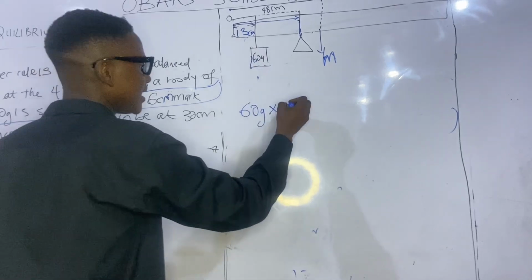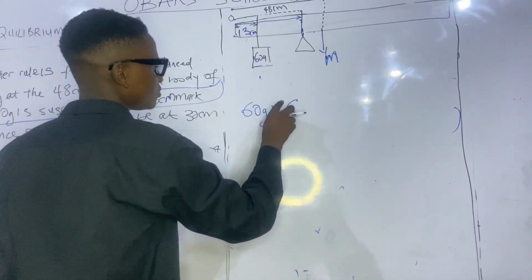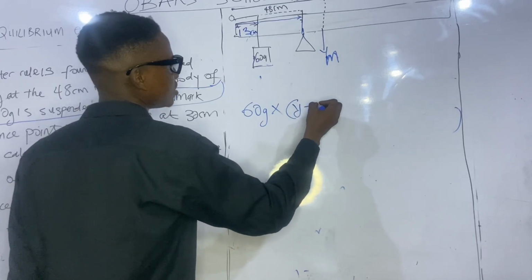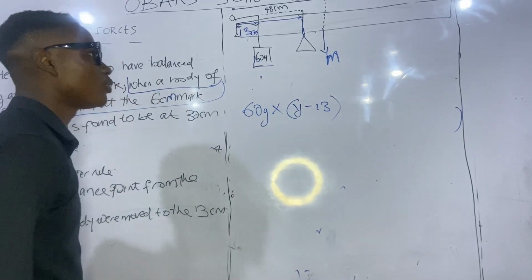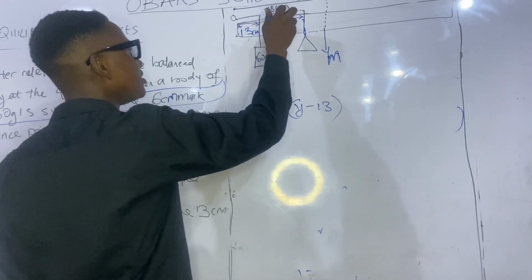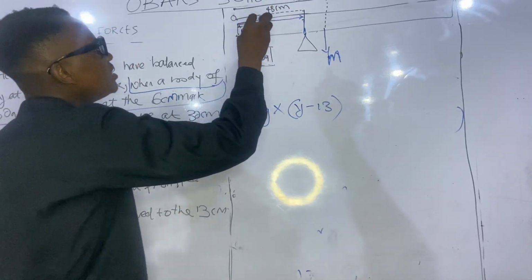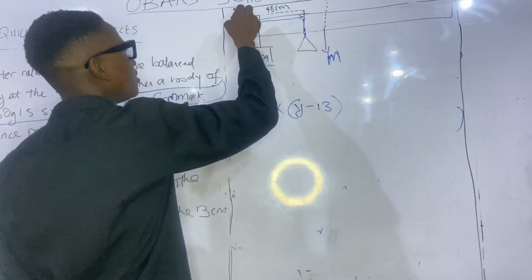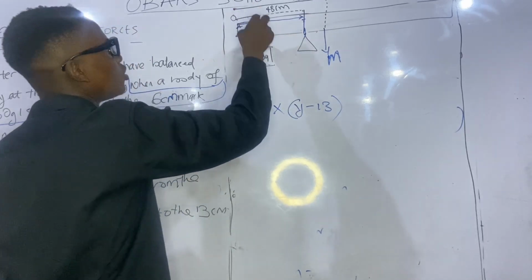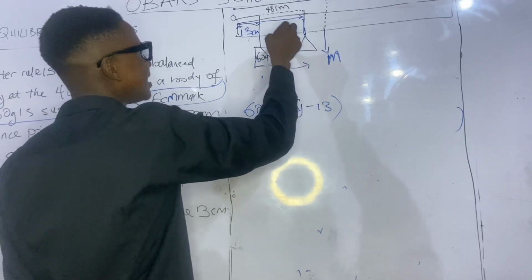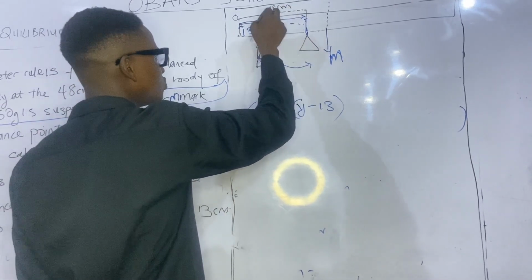Let me call it Y. We call this one Y minus 13. The new balance point will be at distance Y, but this 60 gram is acting towards this point. That means this is the distance between two of them.